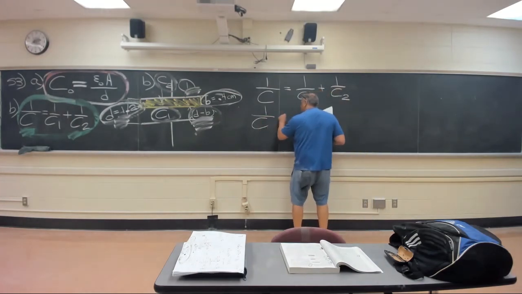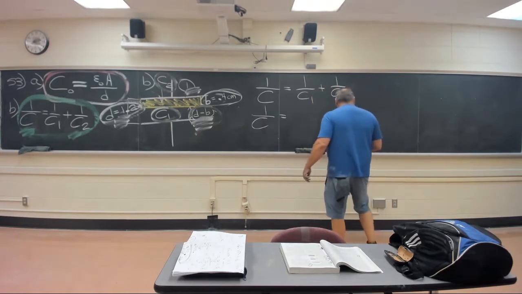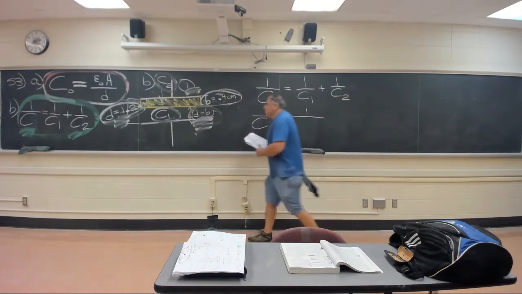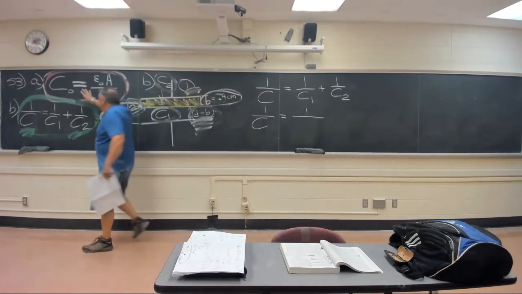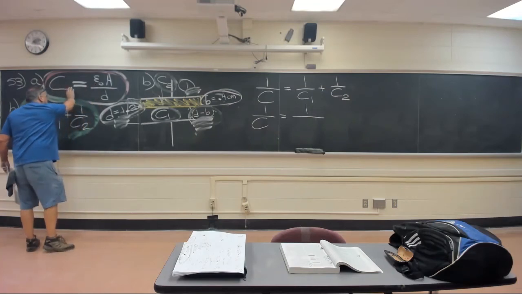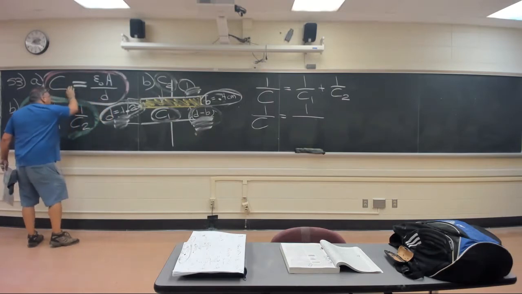We've got 1 over C equals 1 over C1. Let's use this formula, and if the epsilon's a little different, you can just say that C equals kappa epsilon naught A over D, for some C there.